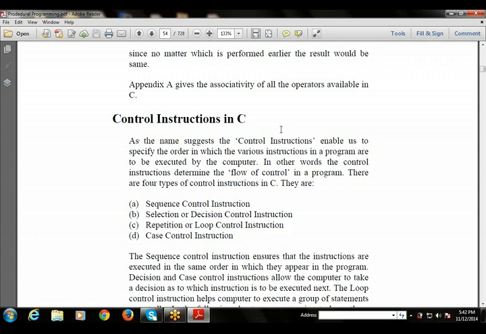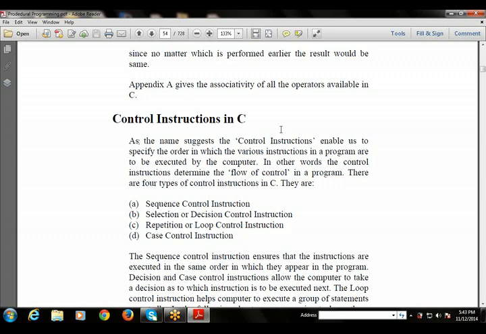As the name suggests, the control instruction enables you to specify the order in which various instructions in a program are executed by the computer. That is, if there are multiple instructions, which instruction will be executed by the computer. In other words, a control instruction determines the flow of control, that is, how the program will flow from one part to another part.